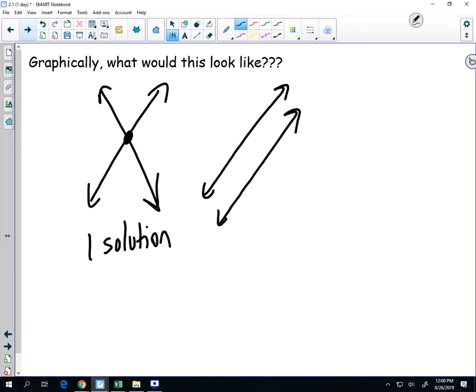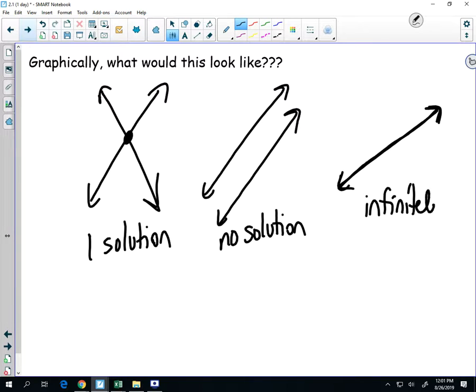If they're parallel lines, then they're never going to intersect, and you might have no solution. And the last thing that can happen is when they're the exact same equation. If you graph the exact same equation twice, they intersect at every point, and we say that is infinitely many solutions.